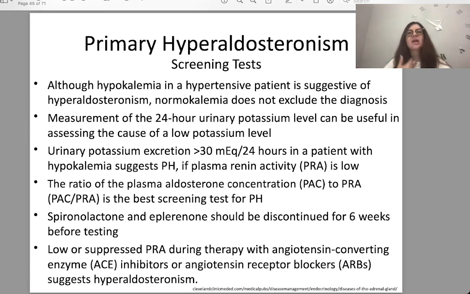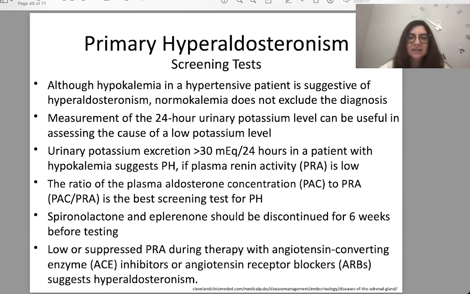Screening test. Although hypokalemia in a hypertensive patient is suggestive of hyperaldosteronism, normokalemia does not exclude the diagnosis. Measurement of 24-hour urinary potassium can be useful in assessing the cause of a low potassium level. Urinary potassium excretion of more than 30 milliequivalents per day in a patient with hypokalemia suggests primary hyperaldosteronism.